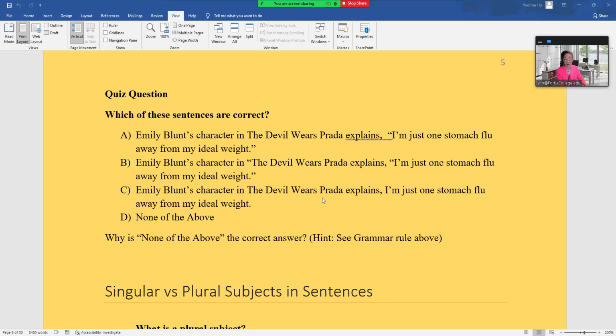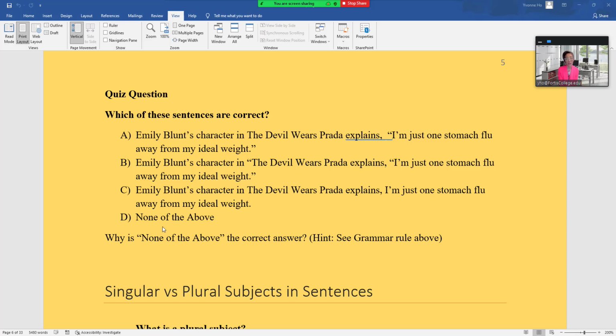The title is not italicized, and you don't have a beginning quotation mark, and you're missing an ending quotation mark. So which of the sentences are correct? They're all incorrect. Every single sentence has a mistake. So if every single sentence has a mistake, the answer becomes none of the above.